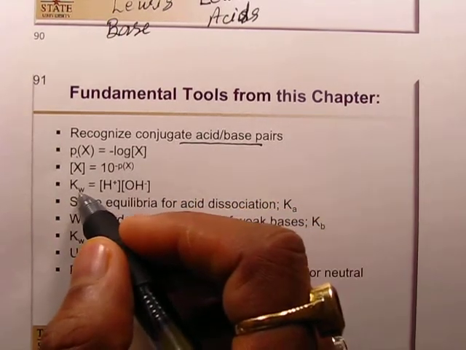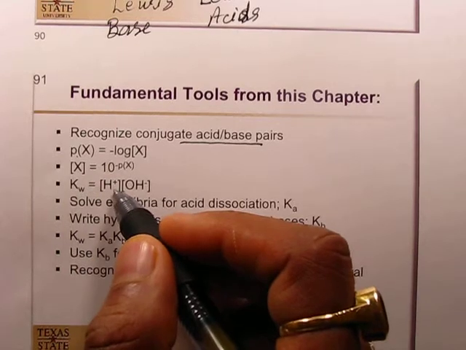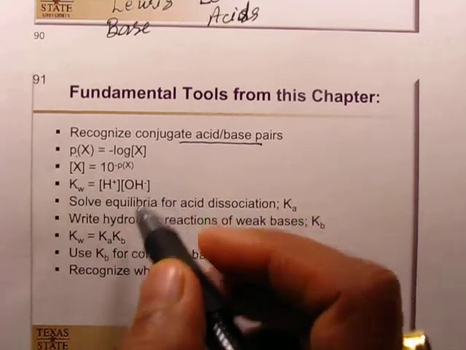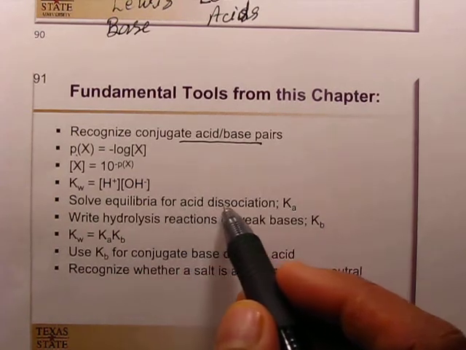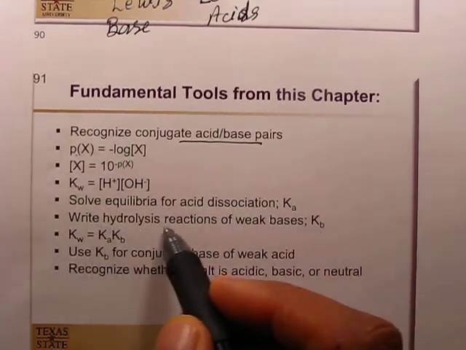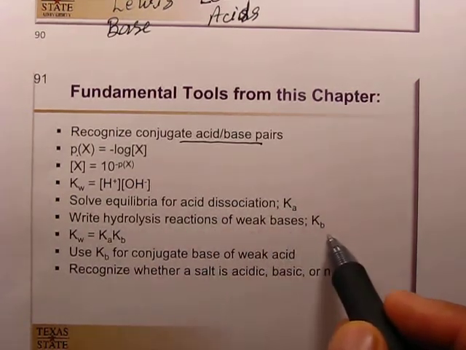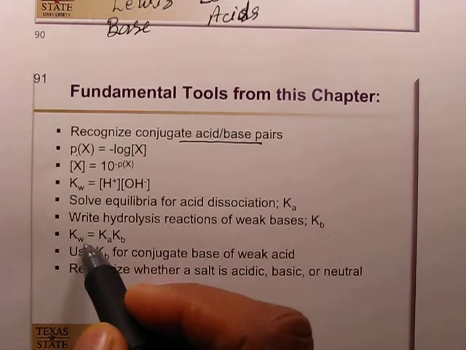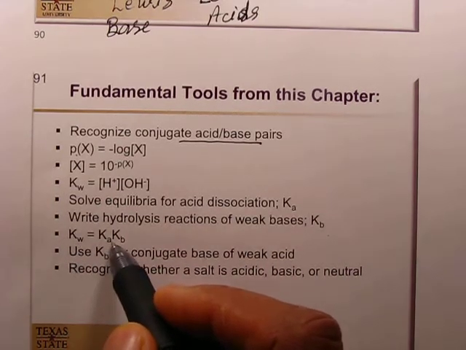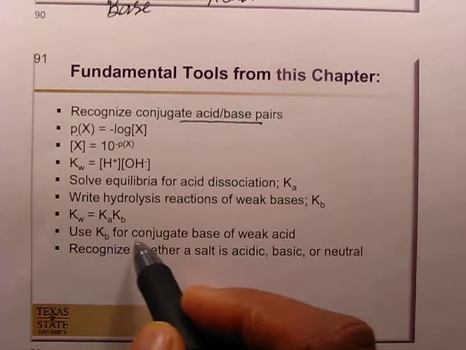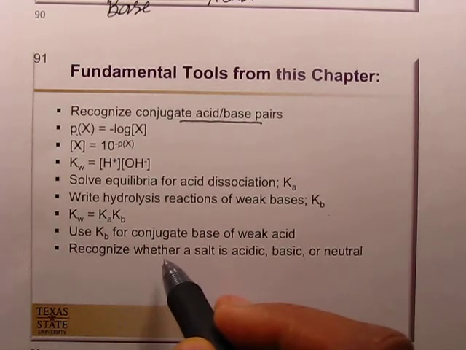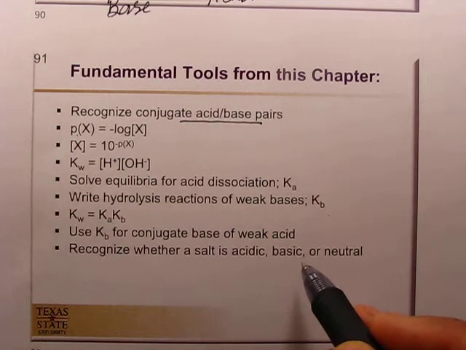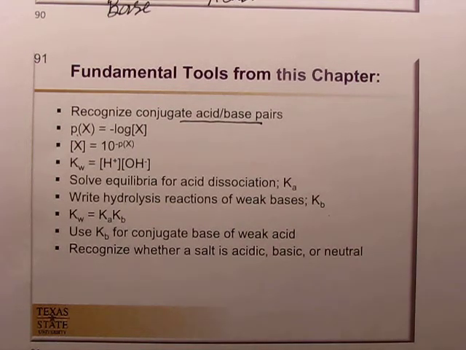Kw, the dissociation constant of water, is equal to hydrogen ion times hydroxyl ion concentration. Solve equilibria for acid dissociation constant, write the hydrolysis reaction for a weak base, and then Kw is equal to Ka times Kb. Use Kb for the conjugate base of a weak acid and recognize whether a salt is acidic, basic or neutral.